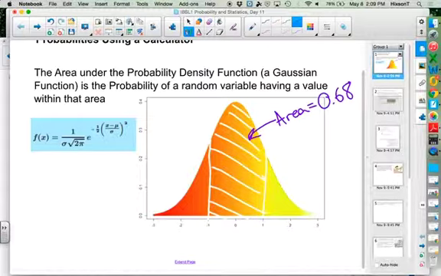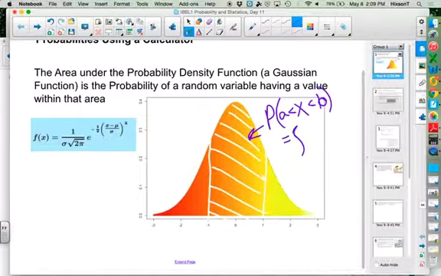And that brings us to what we're really going to be doing here. When we're finding the probability that a certain value is between two numbers, we're really finding the area under the curve between those two numbers. And as you will learn next year, whether you're taking SL2 or SL1 or AP Calc, the area under a curve is the integral.